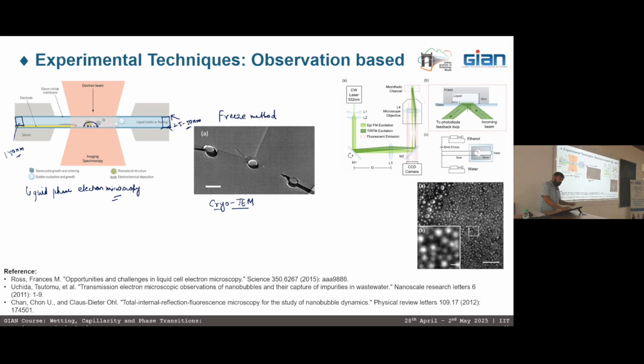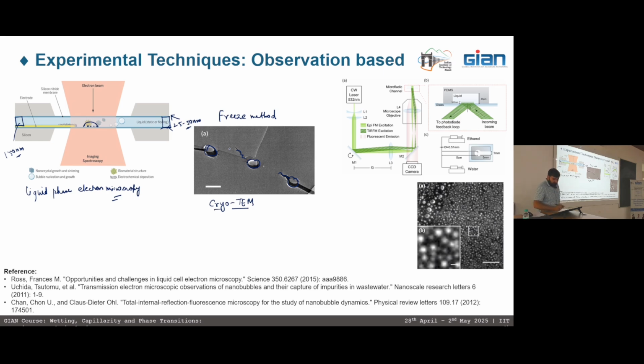So it freezes instantly. When we observe this sample in the cryo-TEM, we can see these bubbles, and this here is the nanobubbles. As you can see, we can see several cracks as well, because during freezing there might be formation of cracks along the ice crystals.